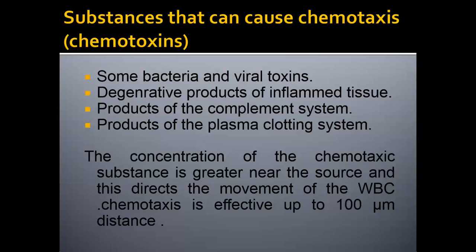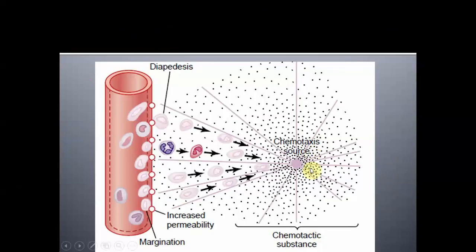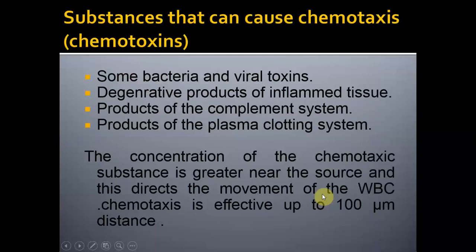All these substances are able to attract the white blood cells to the site of inflammation. And as we see here, the concentration of the chemotactic substances will be the highest surrounding the focus of injury or infection, and the farther we move away from it, the lower their concentration. Of course, it can be effective up to 100 micrometer distance.